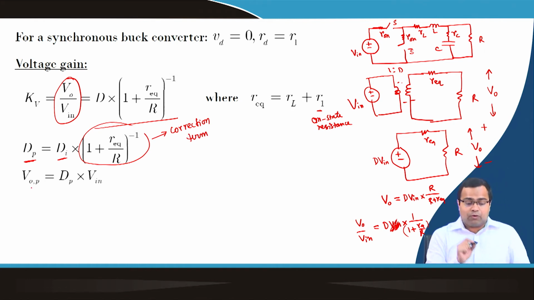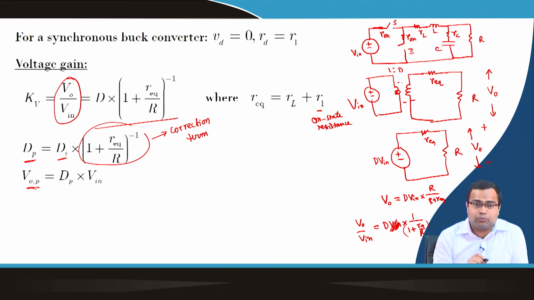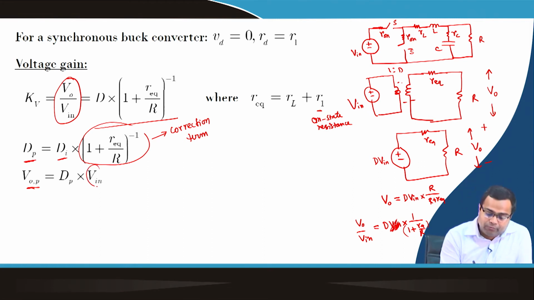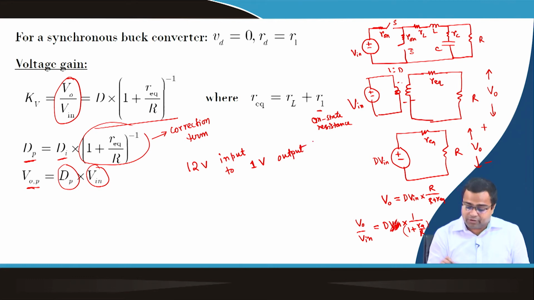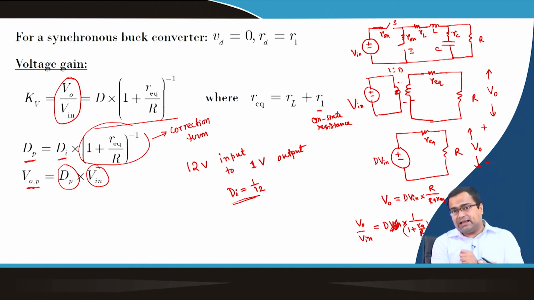And so what we can expect, the practical output voltage will be input voltage into practical duty ratio. Suppose I want to achieve 12 volt input to 1 volt output. For ideal case, I set 1 by 12 as the duty ratio. For an ideal converter, you will get 1 volt output, but practically you will never get it, particularly when the load current changes.